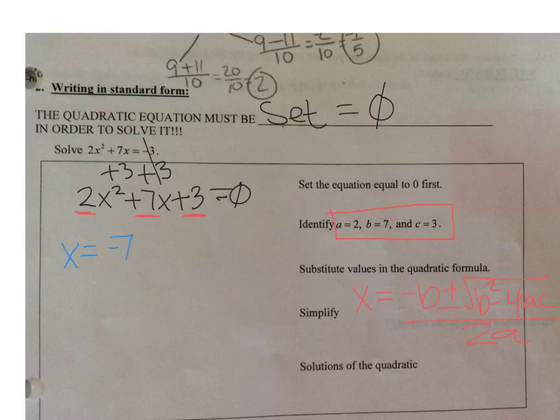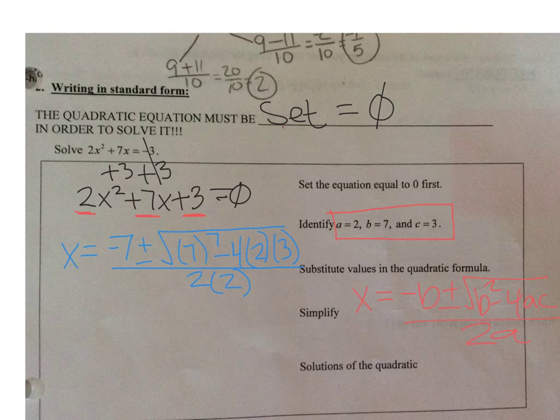Negative 7 plus or minus the square root of 7 squared minus 4 times my A value, which is 2, times my C value, which is 3, all over 2A, or 2 times 2. I'll switch the color back to black.